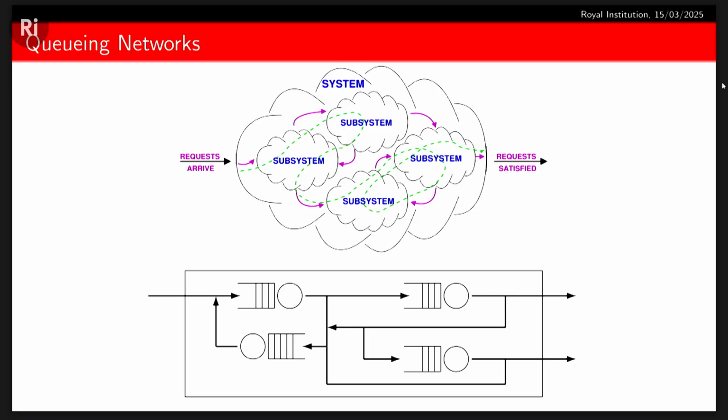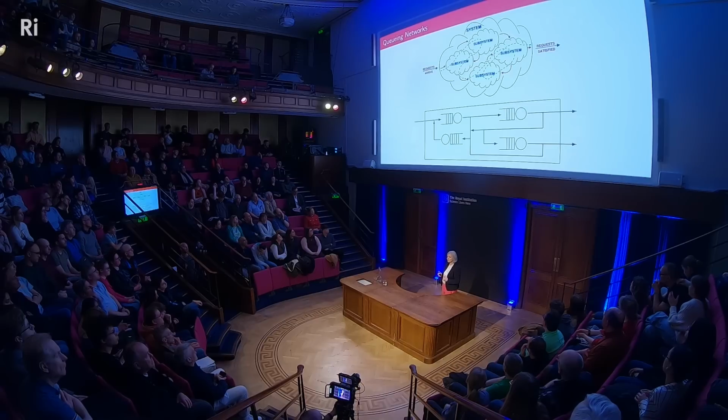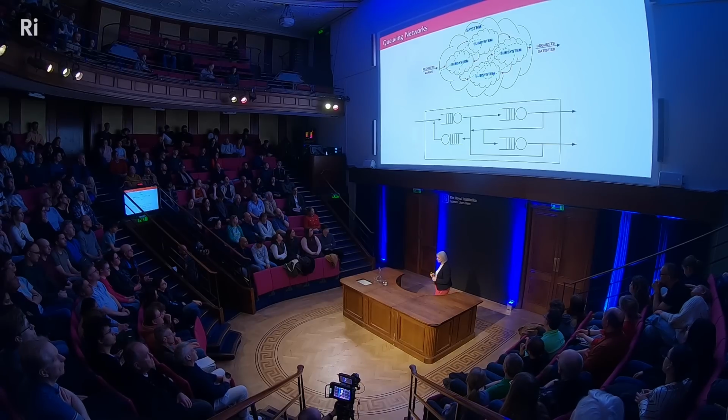So if the customer who leaves the top left-hand side queue, he has some probability of flowing straight on to the one on the right-hand side, or he may go down and exit a different way or join the one below on the right-hand side. So we have these different, what are called routing probabilities. So we can build really quite complex representations, but we still can represent each one as a queue.